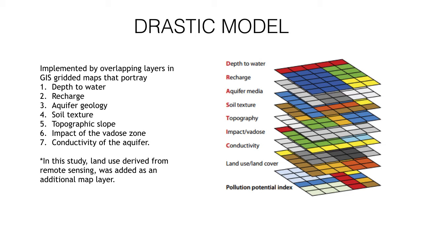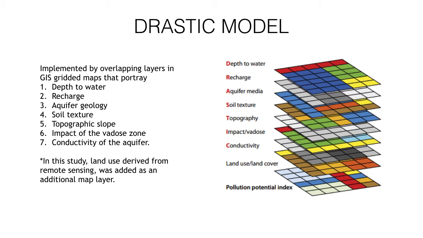The 7 factors are depth to water, recharge, aquifer geology, soil texture, topographic slope, impact of the vadose zone, and conductivity of the aquifer. This model involves obtaining and combining maps of areas that affect the transport of contaminants from the surface to groundwater. It then reassigns the index value to those layered maps. The results are a spatially oriented vulnerability index.